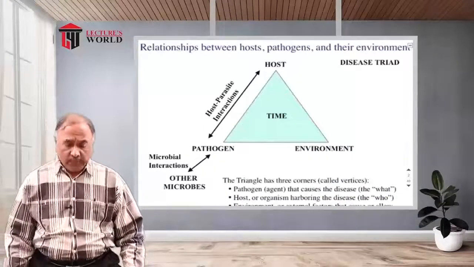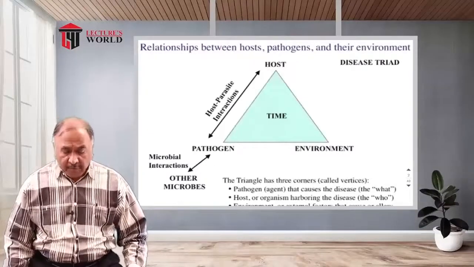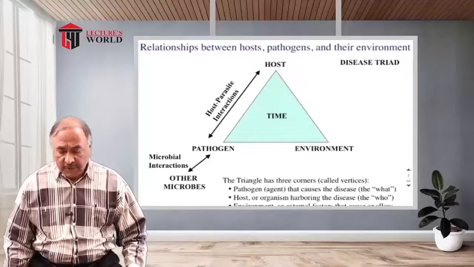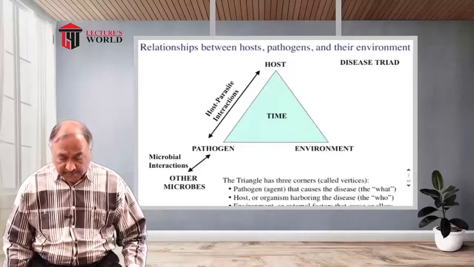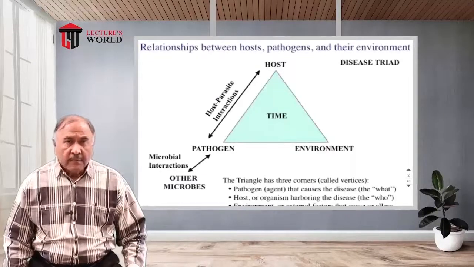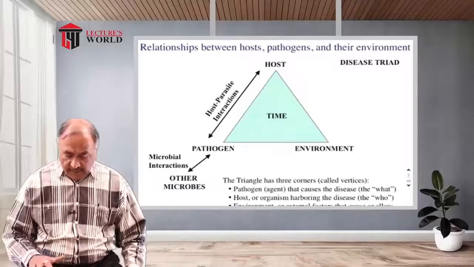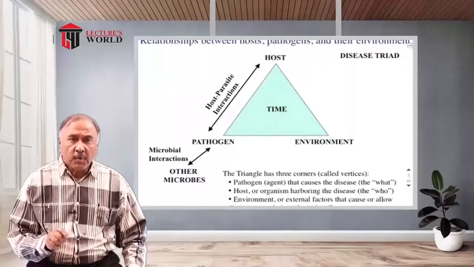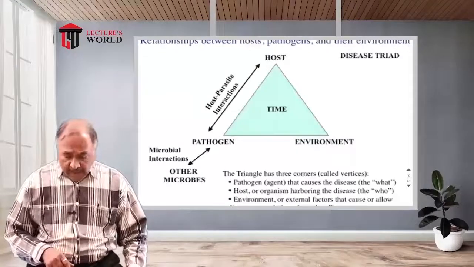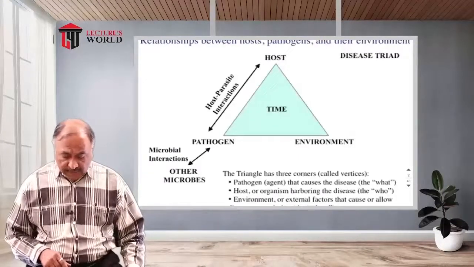First thing that you should know is there is a definite relationship between host, pathogen and their environment. As you can see here, a triangle is figured out in a slide, and this is known as the disease triad. This triangle, as you know, has 3 corners called vertices.